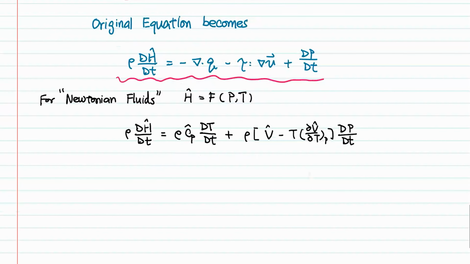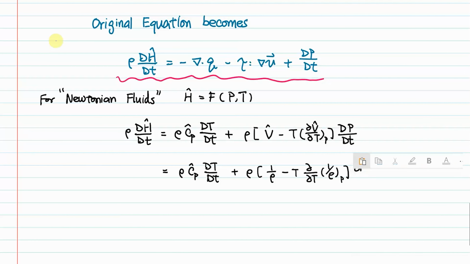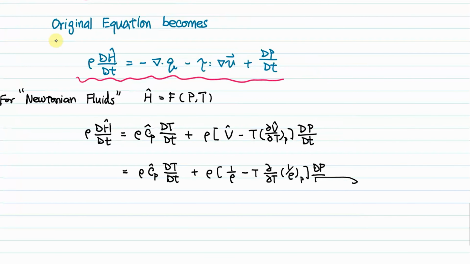Okay, so we can rearrange this to have rho Cp times the substantial derivative of temperature, plus rho times (1 over rho minus T partial partial T of 1 over rho at constant pressure) DP/Dt.